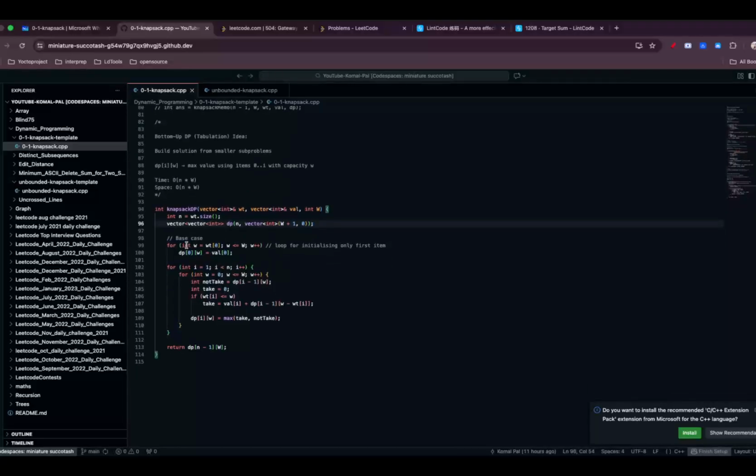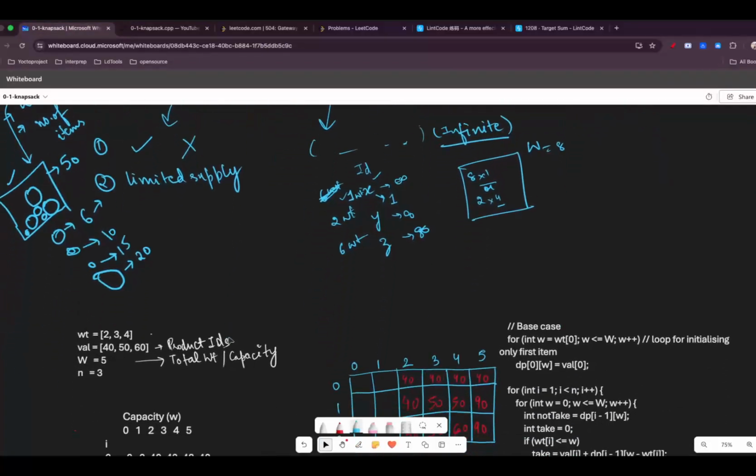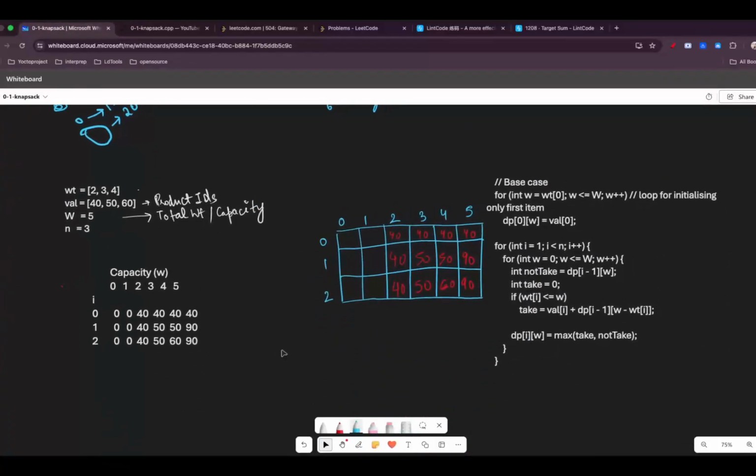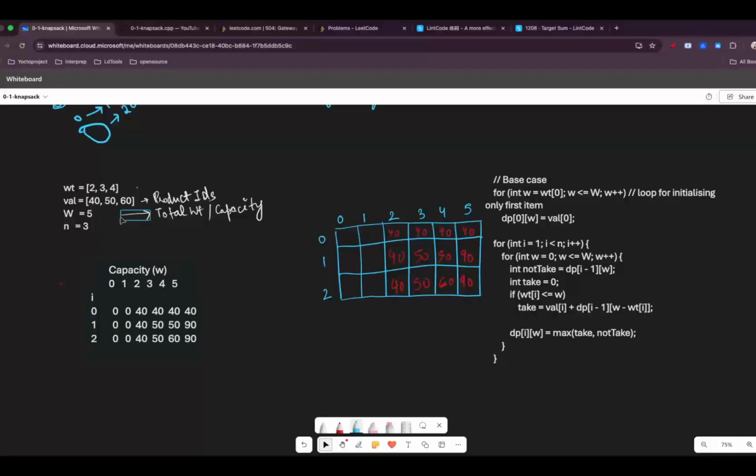Then for weight from 0 till the maximum capacity of the knapsack, we do what I had done at first. If we take this example, with the weights, the values and the product IDs, n equals 3.